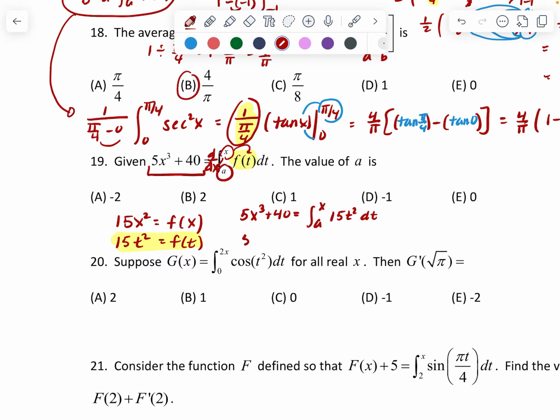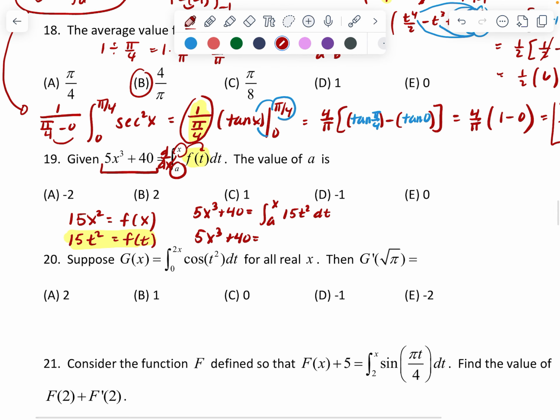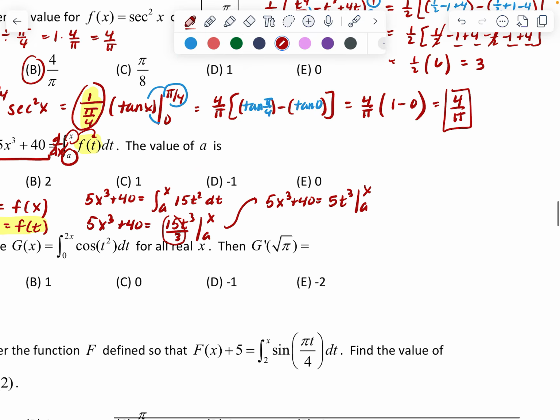I'm going to have 5x cubed plus 40 equals the integral of 15t squared, which is 15t cubed over 3, evaluated from a to x. If we keep going with that, reducing this right here, that's going to give me 5t cubed evaluated from a to x. And then let's go ahead and evaluate that.